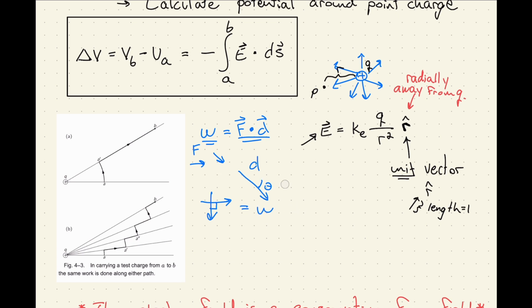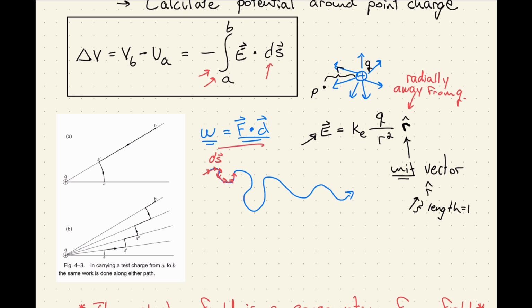Now, if you had a more complicated path, it wasn't straight like this, it instead went into some crazy pathway like that, then what you want to do, and why calculus is very important here, this little differential quantity and this integral, is you break down the path into these tiny components, which we will call ds, and you can actually find the work equals force times distance for each one of these little points from the start all the way to the end.